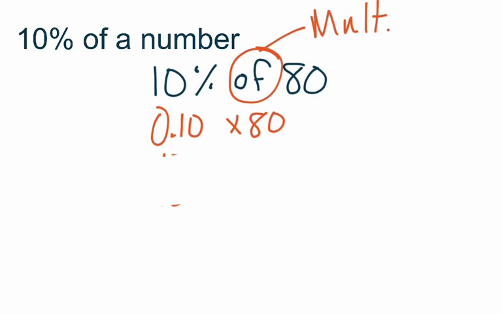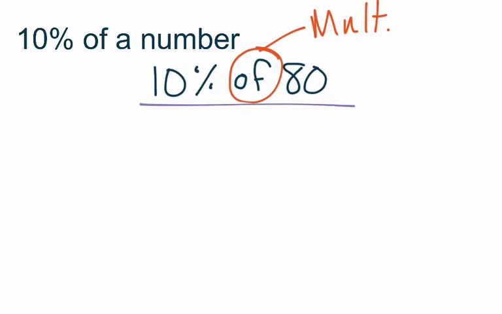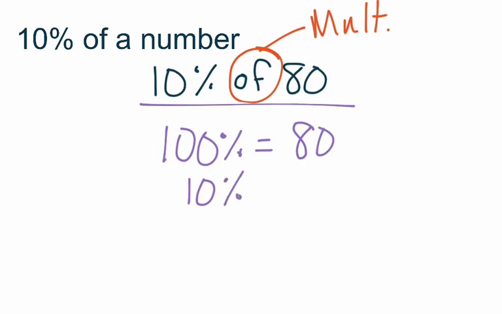So I'm actually going to start this off, and let's just think about what 80 is. In the end, we're trying to find that 10% of 80, but let's start with, well, what's 100% of 80? 100% of 80 would be 80, because if you have the whole thing, you have all 80. Now we're trying to find that 10%.